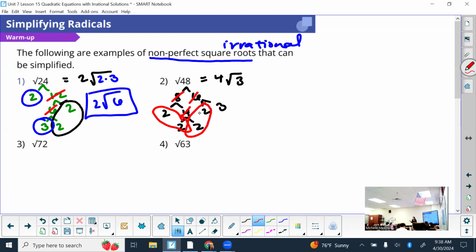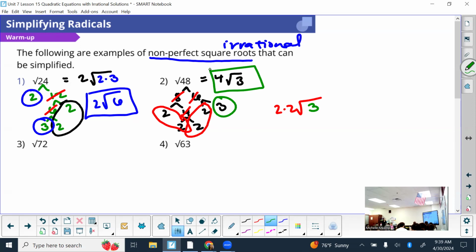For each pair, you write it once, and where do I put it? On the outside of the radical. If you have multiple, you'll end up multiplying them, but I'll do that in the next step. Any leftover prime numbers, like this 3, will go inside. So yes, 4 radical 3 is the correct equivalent of the square root of 48. Good, any questions?